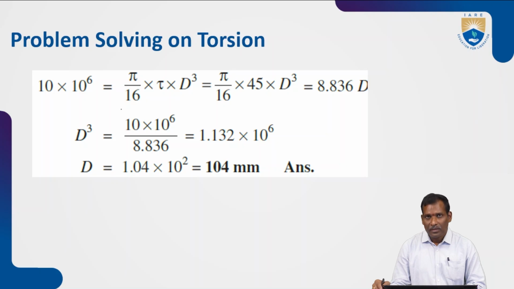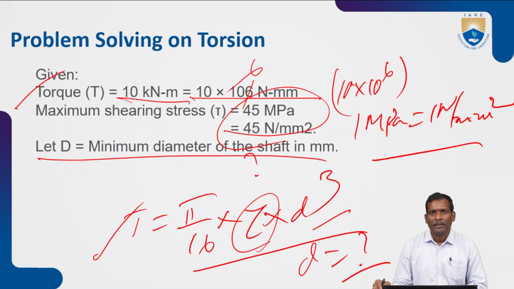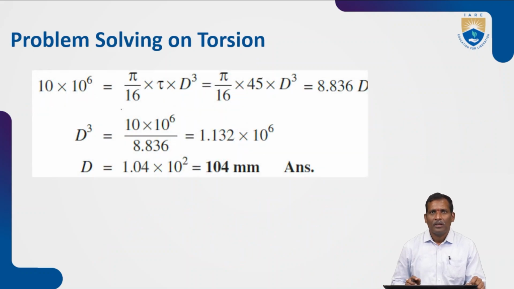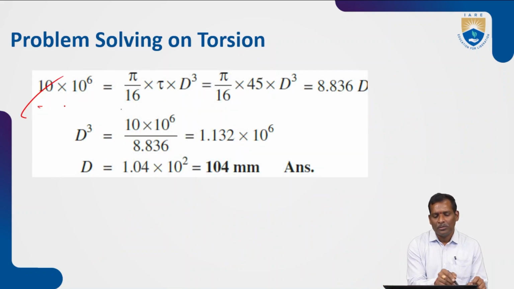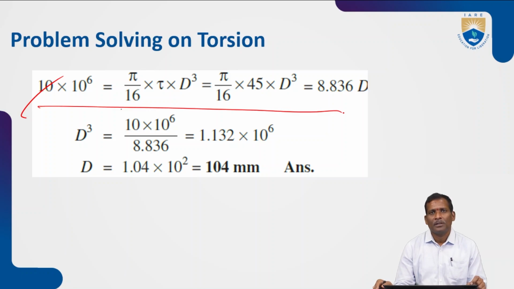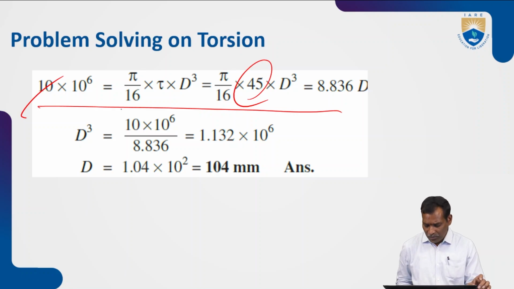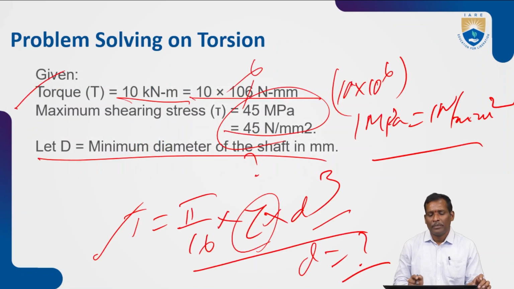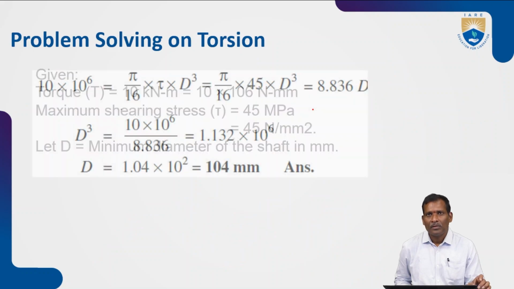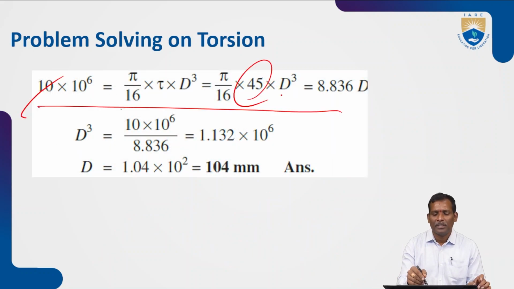Now the given torque 10 kilonewton meter is equal to 10 into 10 to the power of 6 Newton mm is equal to pi by 16 into tau into d cubed. So pi by 16, the shear stress value is 45 into d cubed, 45 megapascal. Substitute here; the only unknown is d.